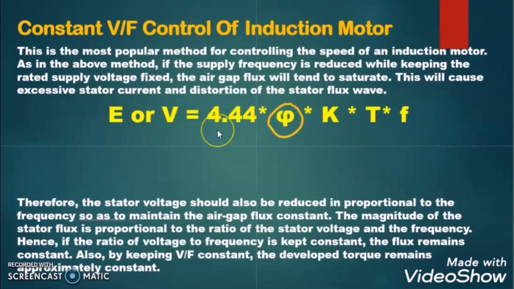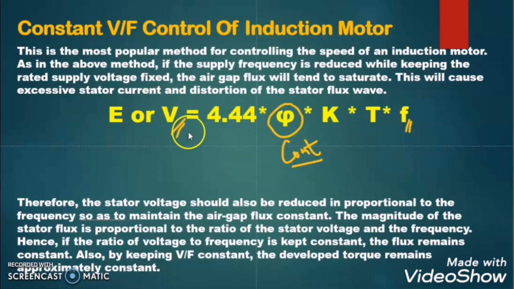So the solution to this problem is hidden in the problem itself. What we can do is keep the flux density of the stator core constant by changing the voltage and frequency together in the same proportion, so that the flux generated in the stator core of the induction motor is always constant.